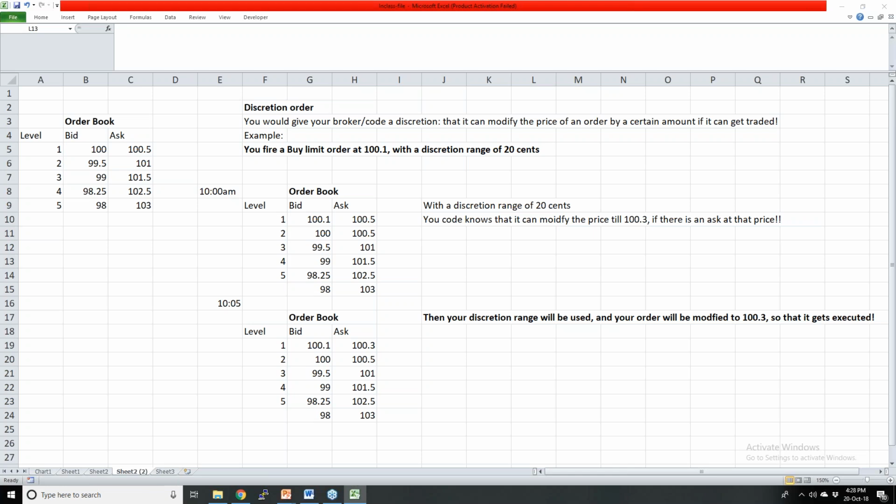Can we say a pegging order may get executed earlier than a discretion order? It really depends. If you understand what a pegging order and a discretion order are, then you can automatically figure out what will happen.